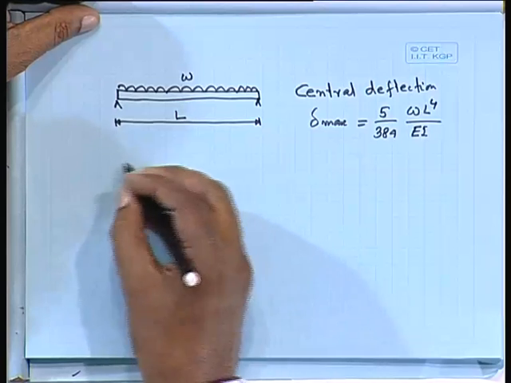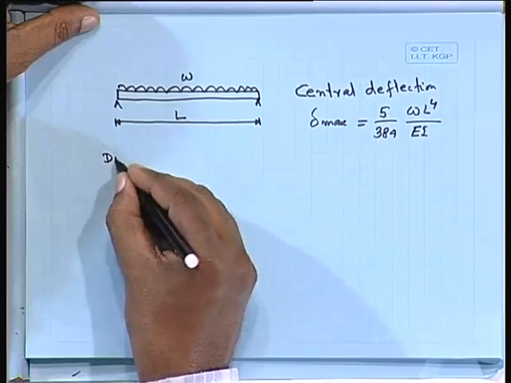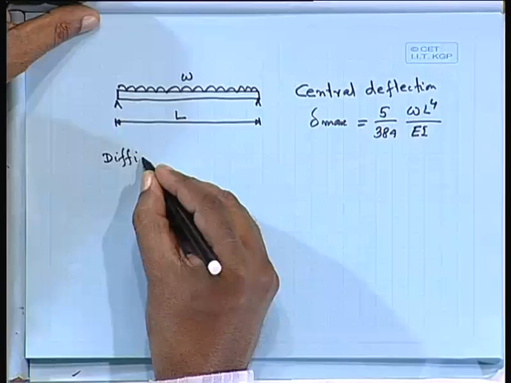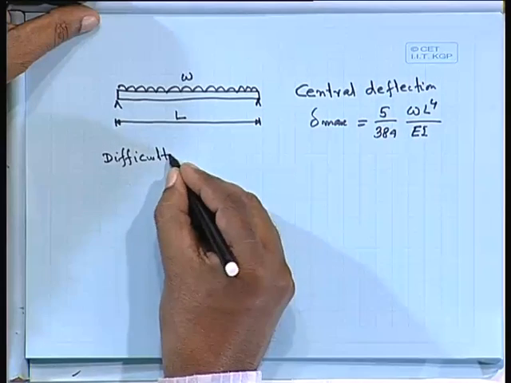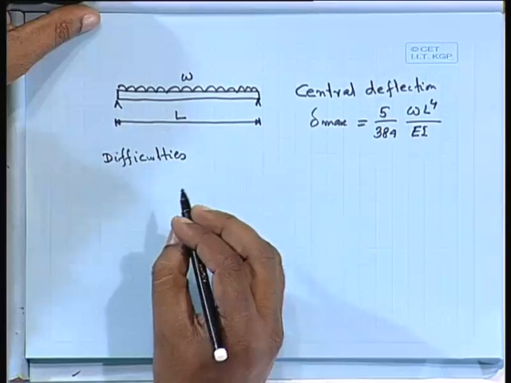So what are the difficulties in calculation?